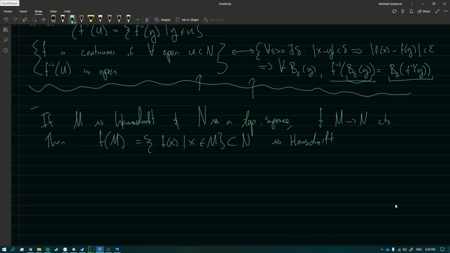And there are a few more properties that have to do with compactness, but we'll get there later.